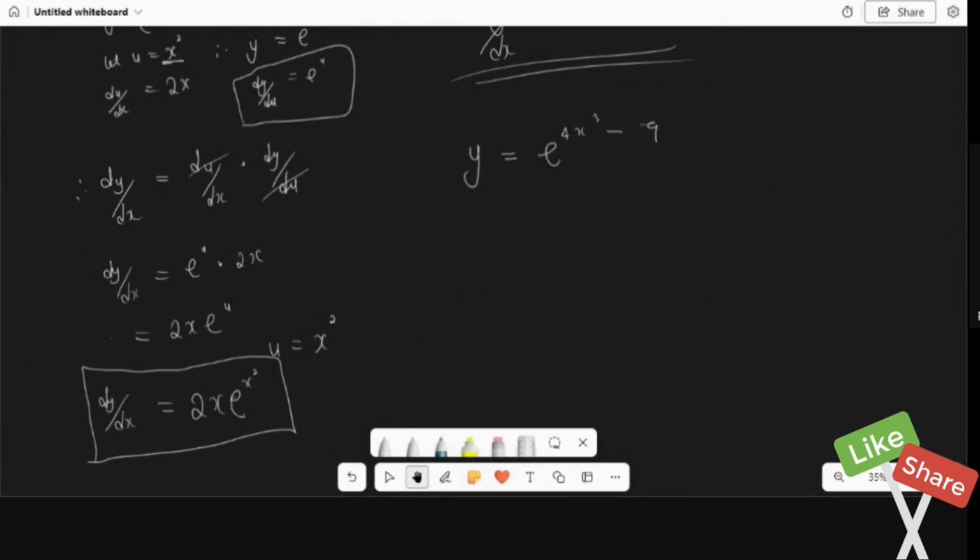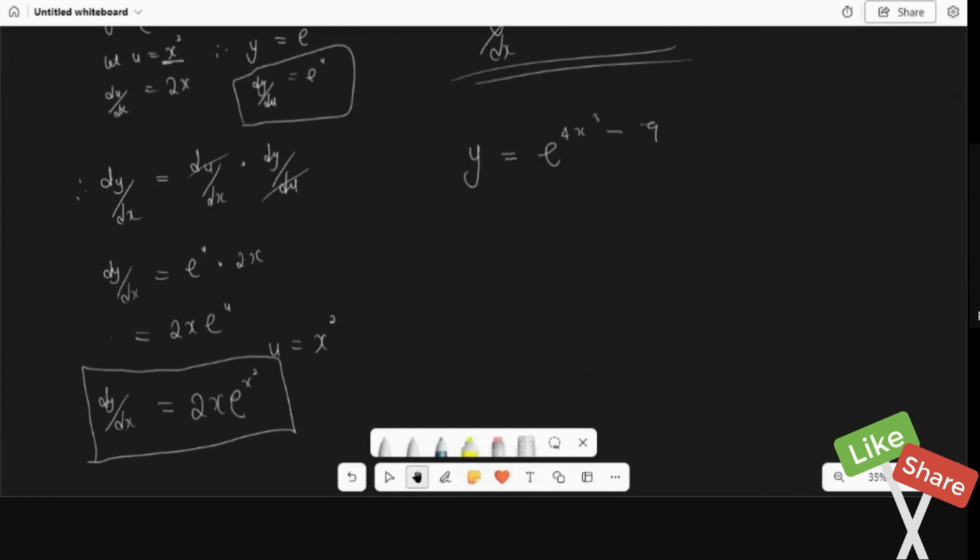Go ahead and solve this. You can use the shortcut to solve it as fast as possible. The answer is 12x squared e to the power of 4x cubed minus 9, because the derivative of the exponent is 12x squared.